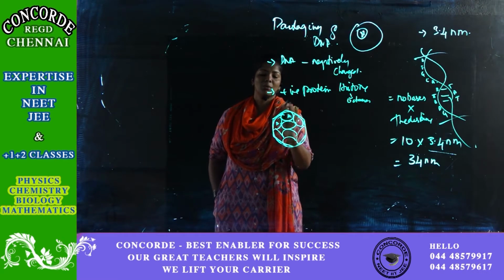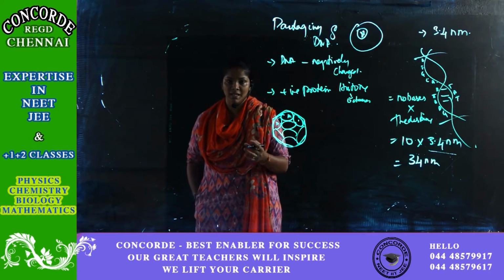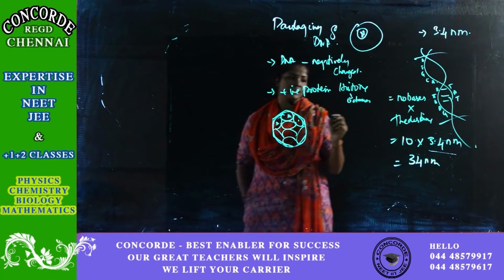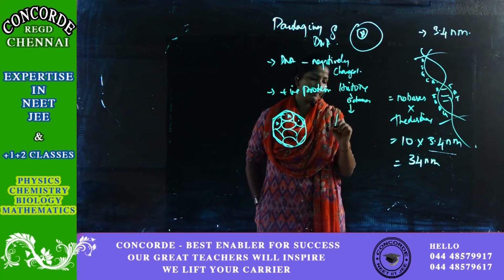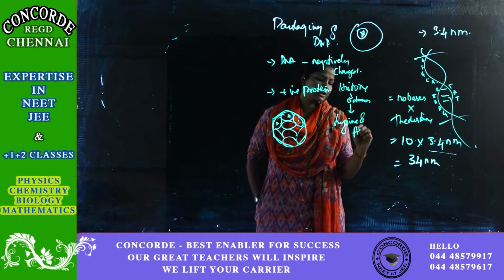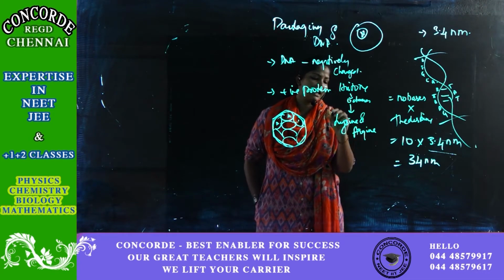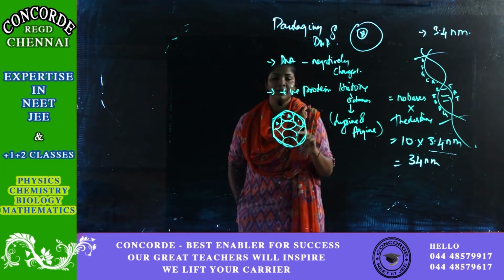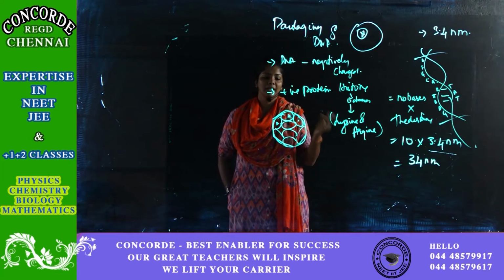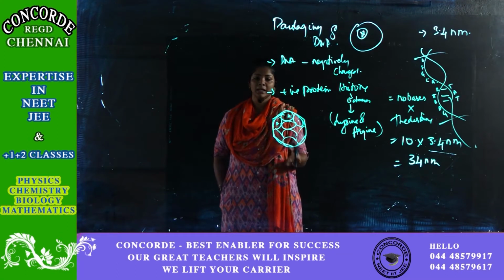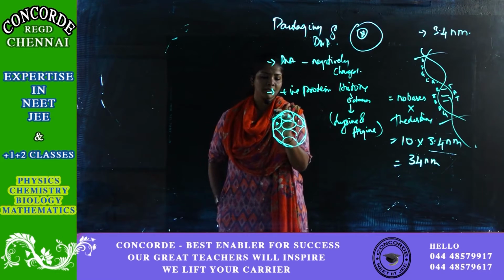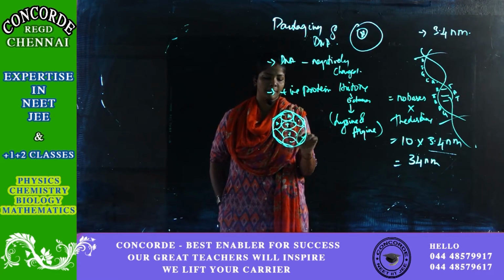Why does this histone have positive charges? Because histone is mainly made up of 2 important amino acids, lysine and arginine. These are the amino acids which give the positive charge to the histone protein. Now this is a ball, correct? It is a positive protein because of these 2.